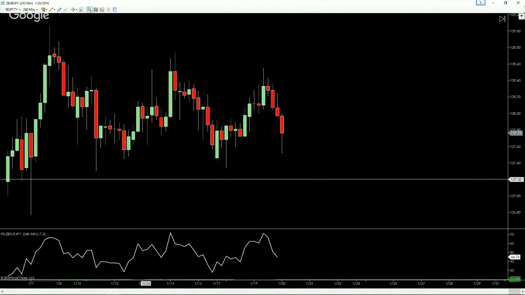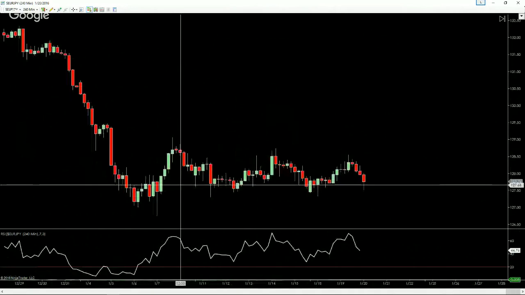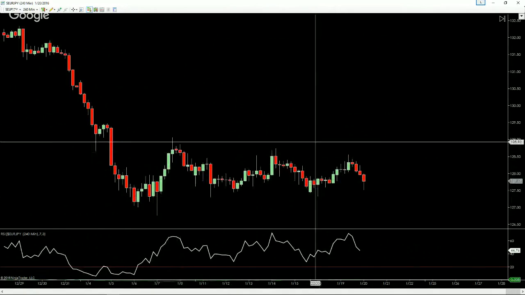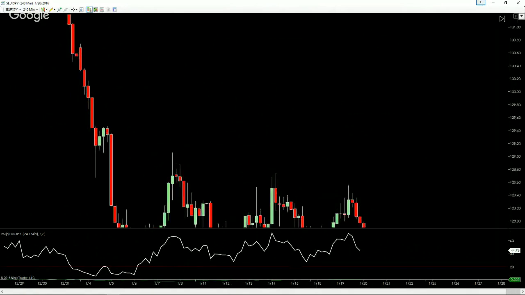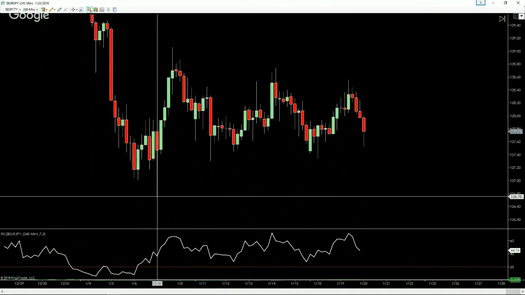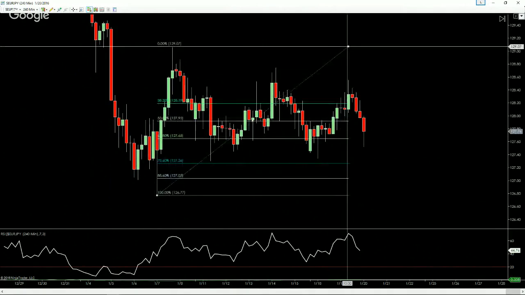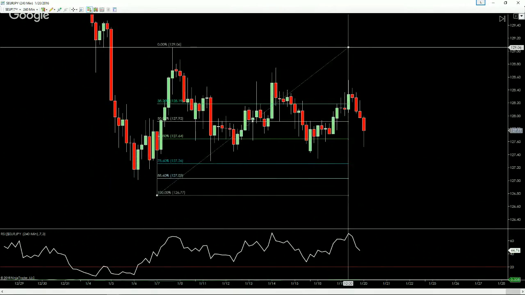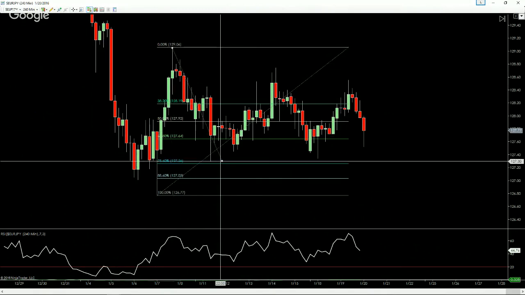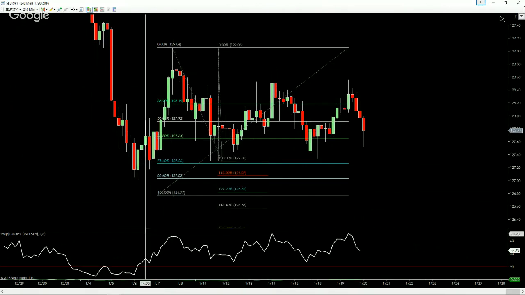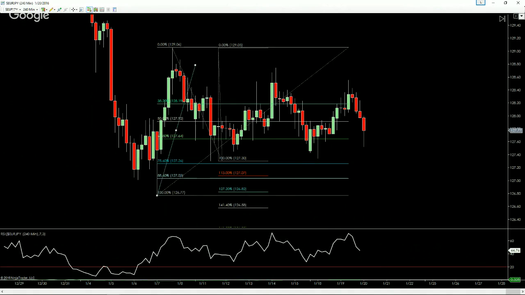And now we also have another advanced pattern in the 240, a Gartley.